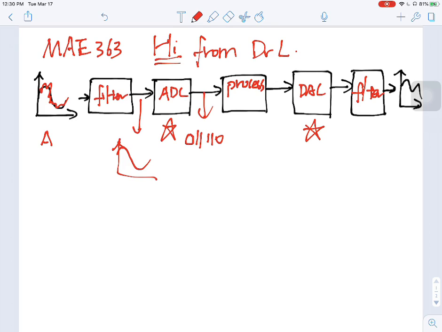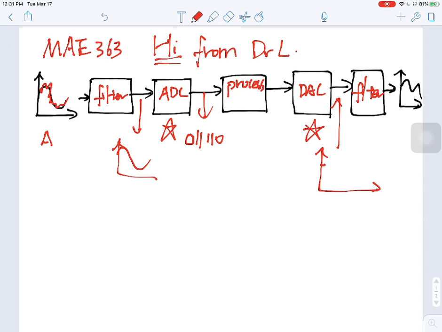Now after that, it goes into the computer for data processing and it gives out another sequence of binary numbers. Then this sequence of binary numbers, binary words, goes into a DAC. What is DAC? It's a digital analog converter. And then after that, it will give you a staircase analog signal.